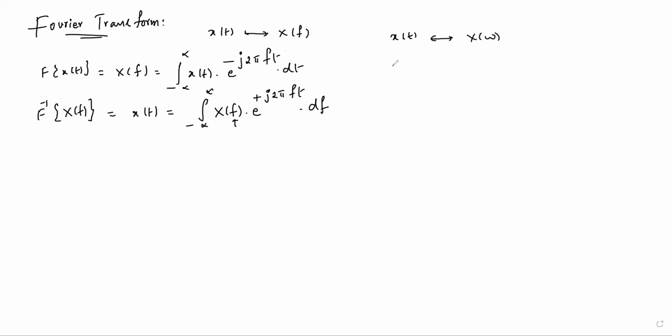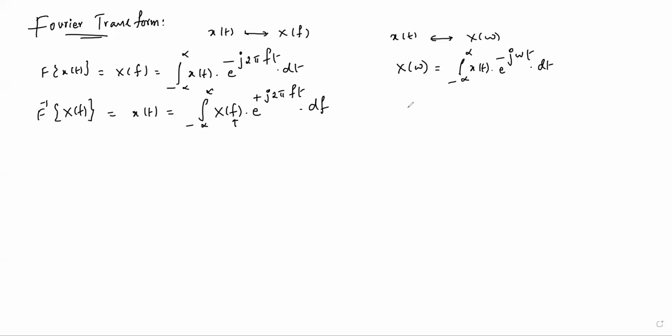Similarly, in this x of omega case, x of omega is defined as integral from minus infinity to plus infinity of x of t multiplied by e to the power of minus j omega t dt.